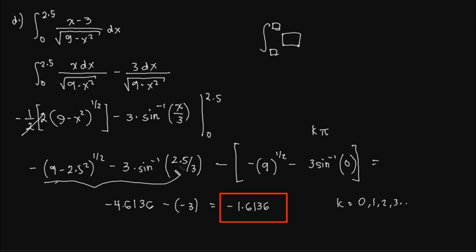And then how about this one? So if you take the inverse sine of this expression, so that is 2.5 over 3. So any value that is converted from, let's say, 56.44 to 69 degrees.